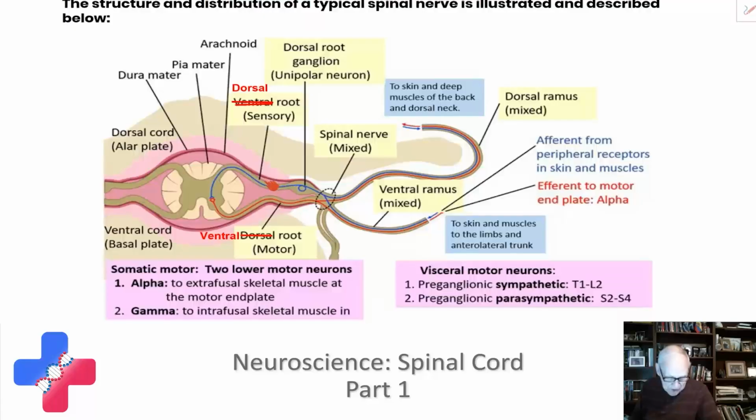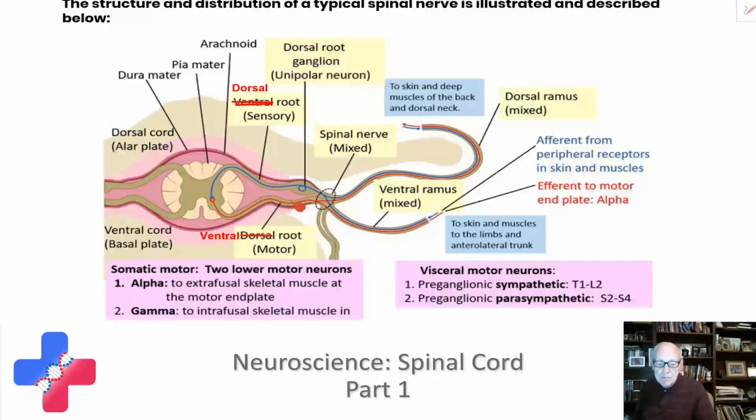Now, the central process will enter the spinal cord, obviously, and we'll pick that up later on because these central processes can do one of several things when they go centrally. So remember, the dorsal root is, like the ventral root, the beginning of the peripheral nervous system. Now let's examine the ventral root. Now notice the ventral root has these red axons in it, red neurons showing as an example. Notice in contrast, the ventral root is a motor system.